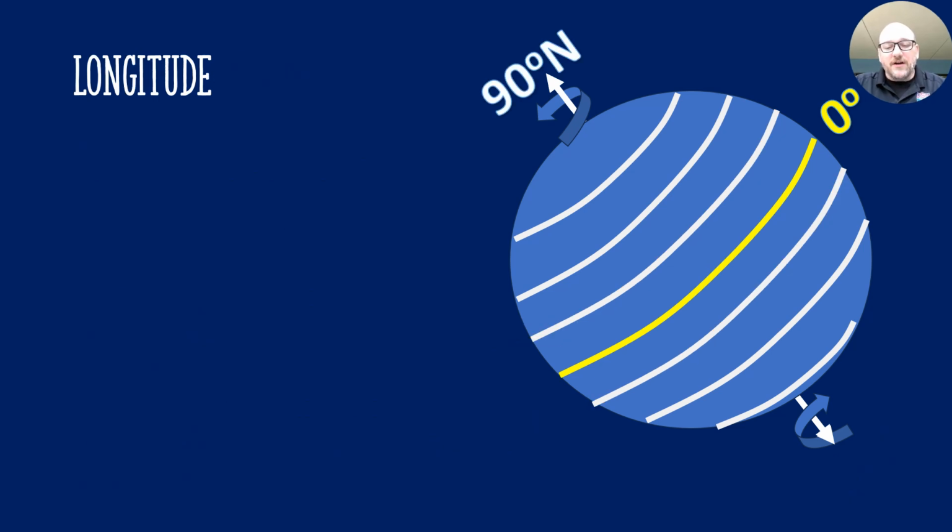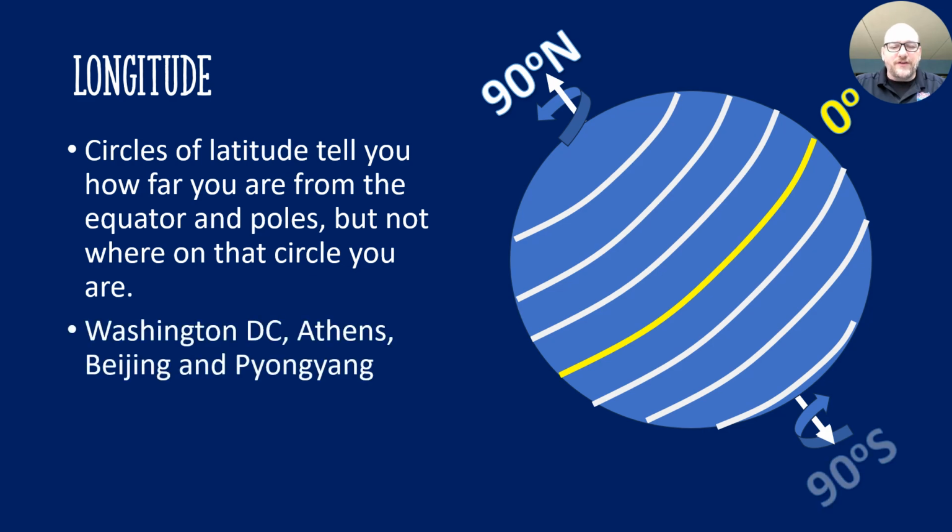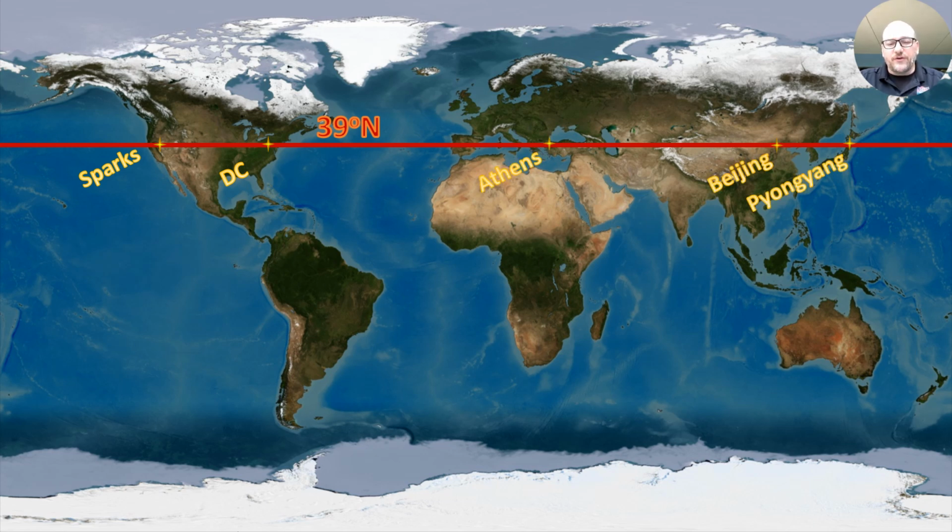And then we have our other coordinate, which is longitude. Latitude tells you how far you are from the poles, but it doesn't tell you where you are on that circle. For example, if this is a map of all of the potential places you could be on the Earth, we here in Sparks, yes, we have a latitude of 39.5 north, but so do all of the other things on this line, like Washington, D.C., or Athens, Greece, or Beijing, China, or Pyongyang, North Korea.